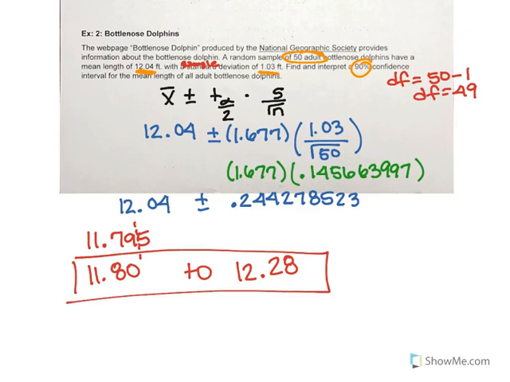So your confidence interval, and this is going to be in length. So this is feet. So we have 11.80 feet to 12.28 feet.